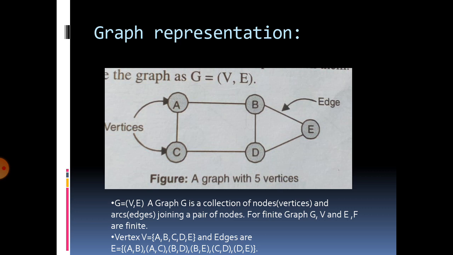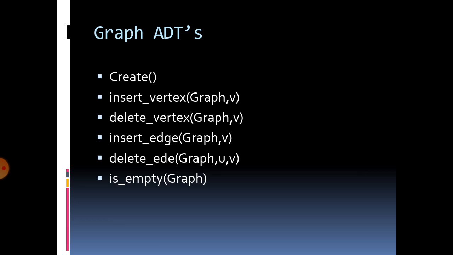What are the operations for graphs? Basically we have to create a graph. How? We have to insert vertices and insert edges among the vertices. We have to delete vertices or delete an edge. These are the different functions to make a graph.